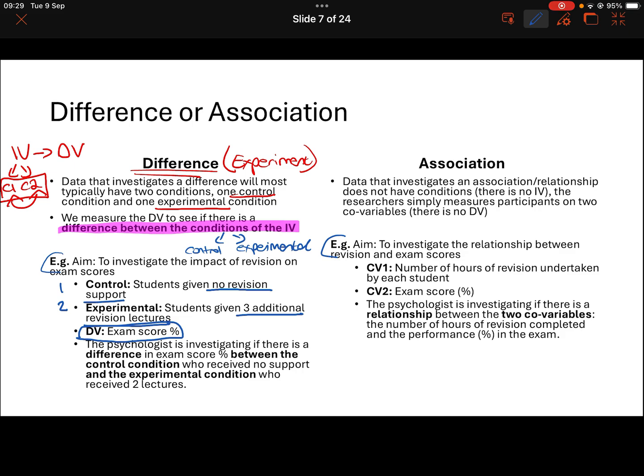I think it's very useful when trying to identify whether it's a test of difference or an association to think to myself, or quite often I will draw this out, how would the results of this study be plotted on a graph? If it's a test of difference, i.e. if it's an experiment, then we have two conditions.